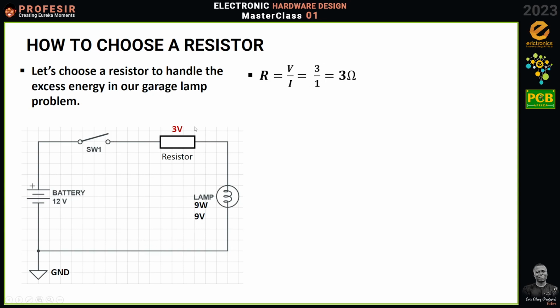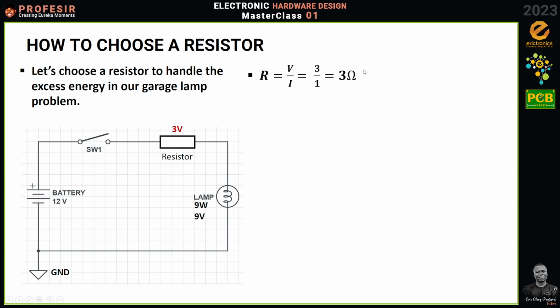So you can see it's easy to analyze these things if you consider the voltage instead of all the other stuff, right? We have a source of 12 volts. We want 9 volts at this point. So we just need a resistor that will take care of what? 3 volts. It's that simple. So 3 volts, and it should allow a current of 1 amp to pass.